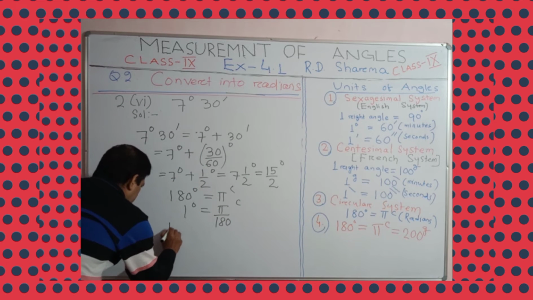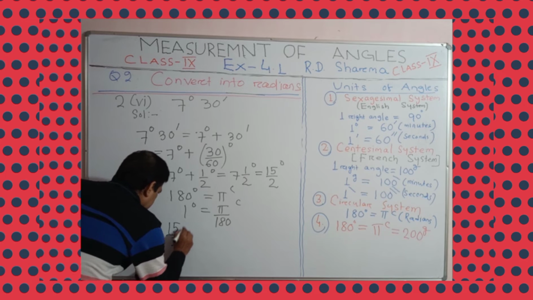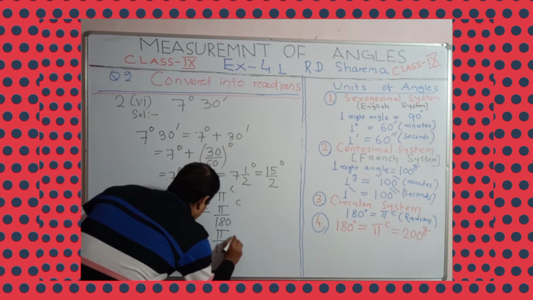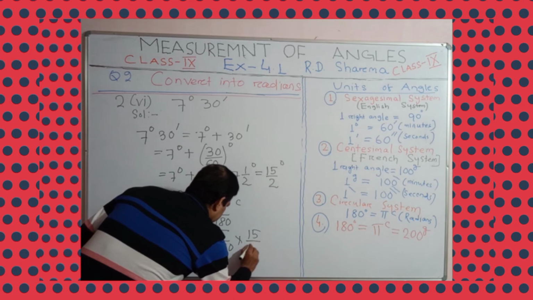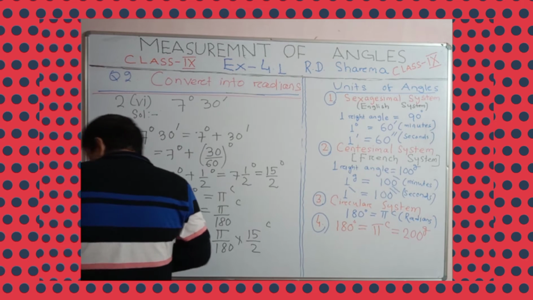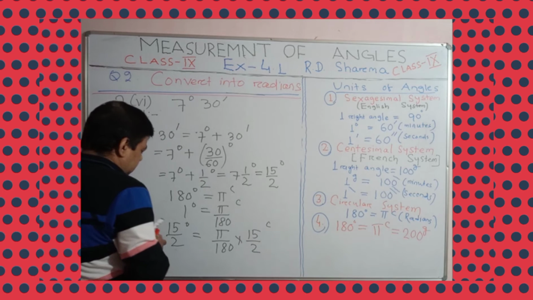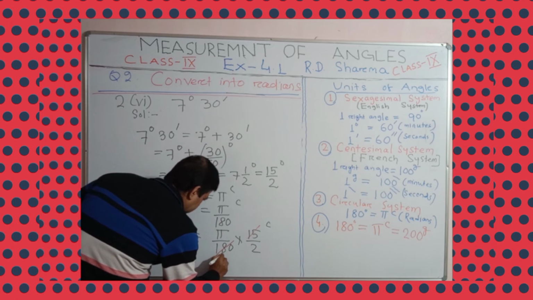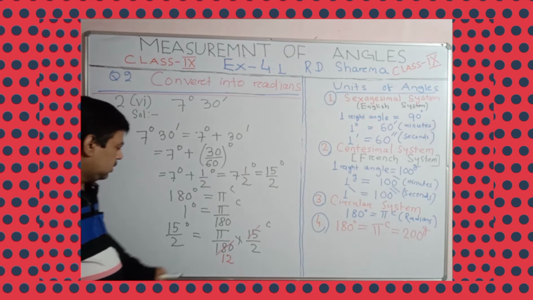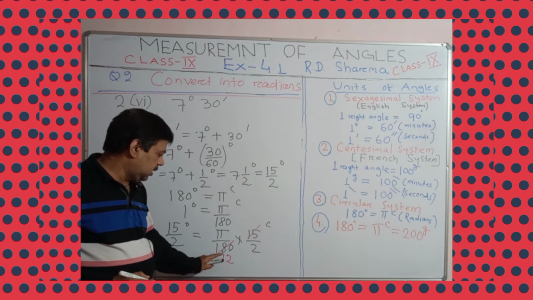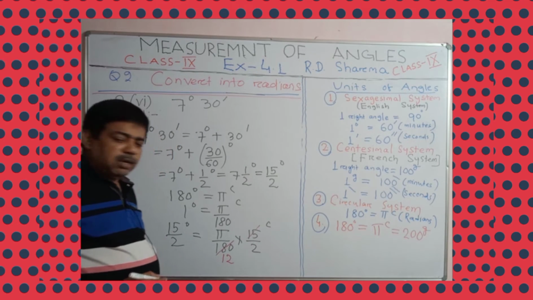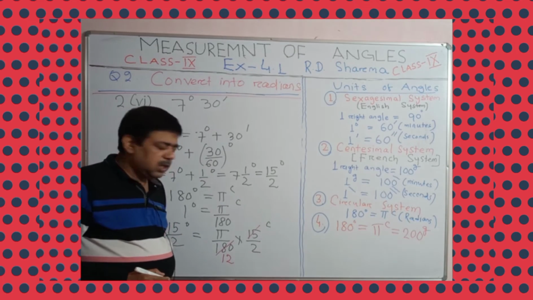And 15 upon 2 degree is equal to pi upon 180 into 15 upon 2 radian. Okay, you can cancel here. We can cancel 15: 15 1s are 15, 15 2s are 30. Hence 15 1s are 15, 3 12s are... so it will be 12. So here 12, here 2, 12 2s are 24.